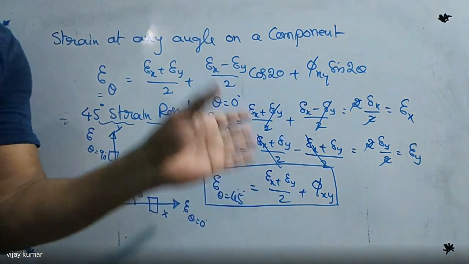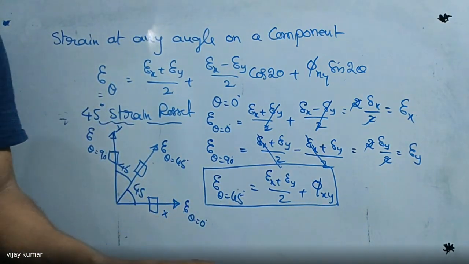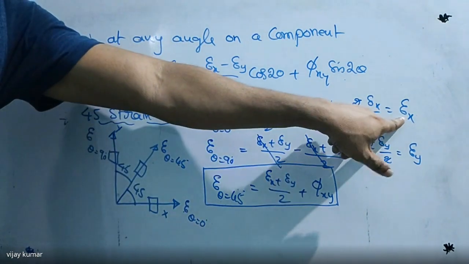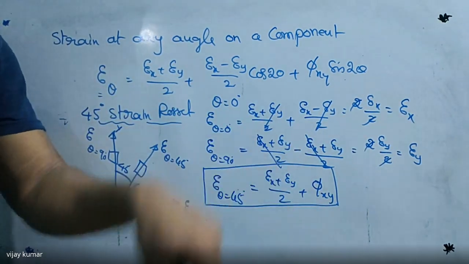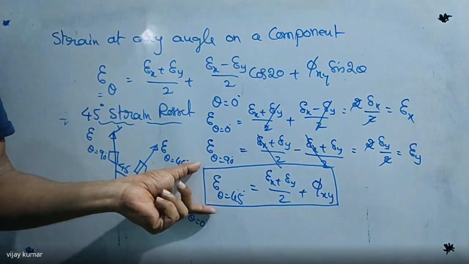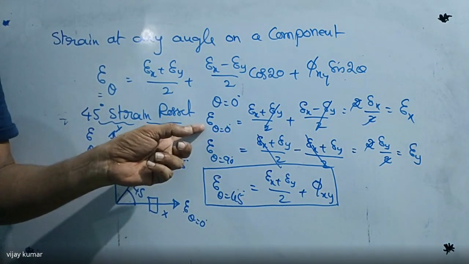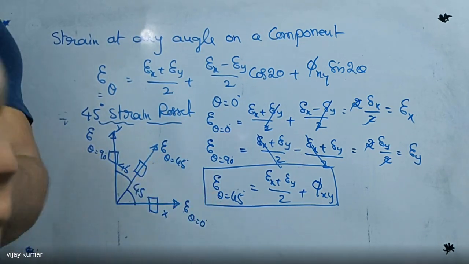In any GATE examination or any other competitive examination, they will give you the strain along the x-axis, strain along the y-axis, and shear strain. Then substitute those values here. Then we are getting the strain along x, strain along y, and strain along an oblique plane.